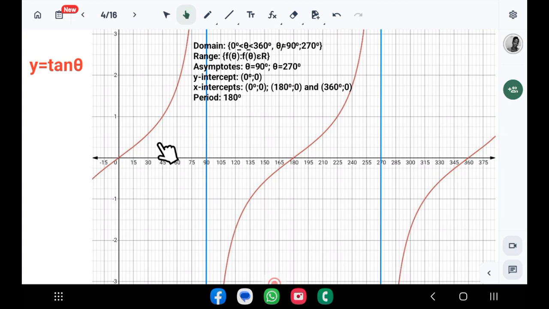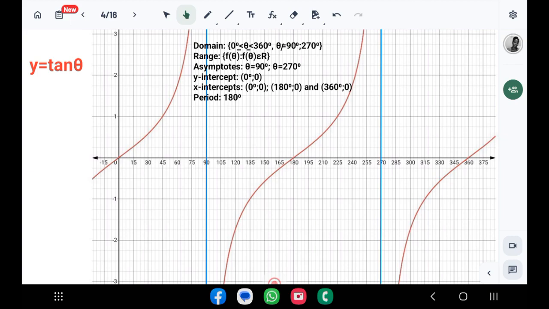Now, let's look at some of the characteristics. Remember your domain here. We restricted our domain to between 0 and 360 degrees. But notice that not everything within that domain is defined. At 90 degrees and 270 degrees, your domain is not defined. So the domain is theta between 0 and 360, including the ends, 0 and 360 degrees, but not including 90 degrees and 270 degrees.